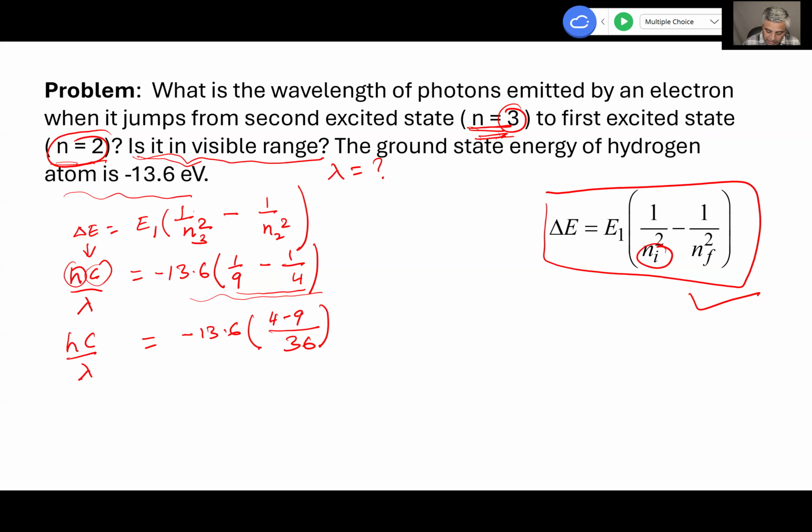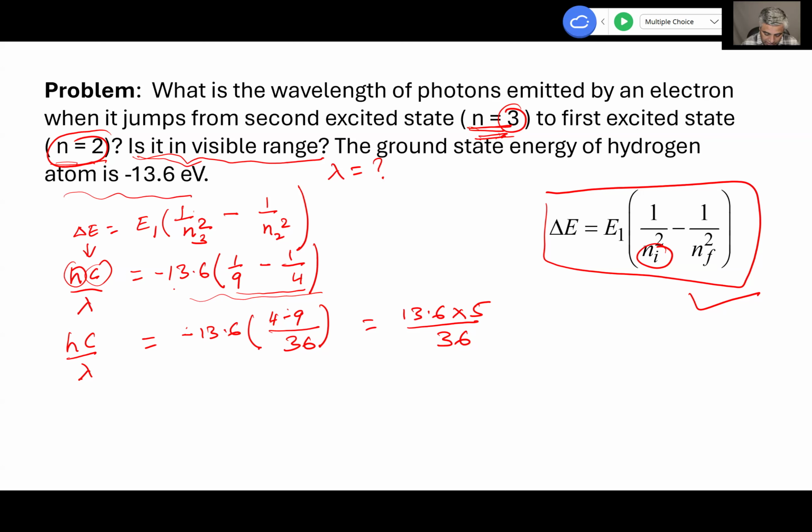So 4 minus 9 is negative 5. That negative sign and that negative sign cancel, giving us a positive number. So it becomes 13.6 times 5, divided by 36.